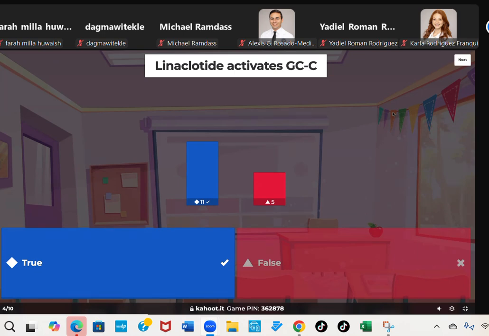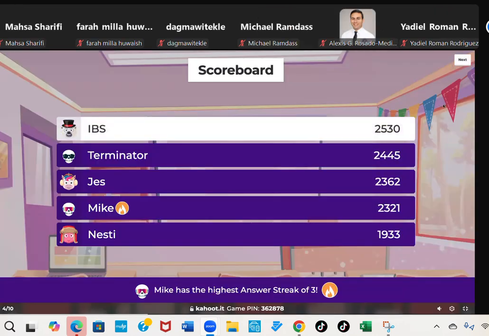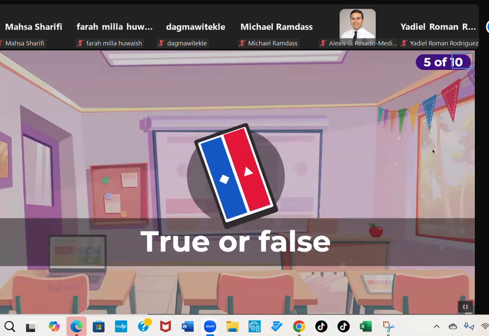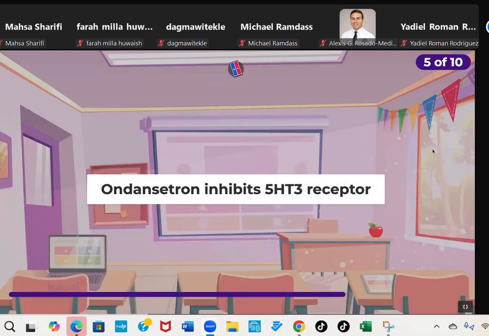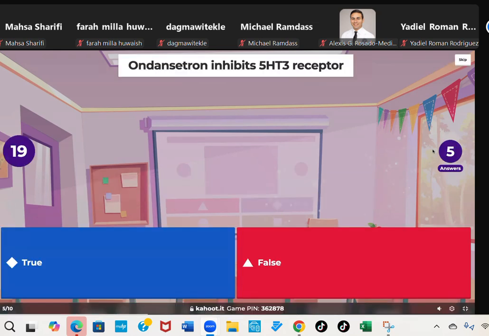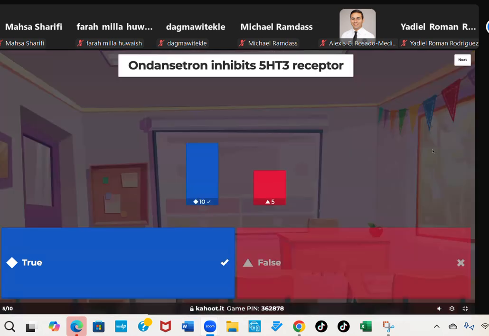So notice that detail there. But alosetron inhibits.